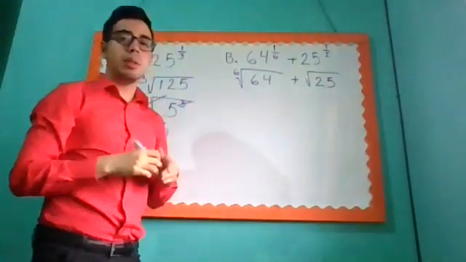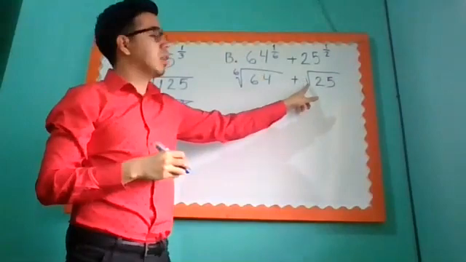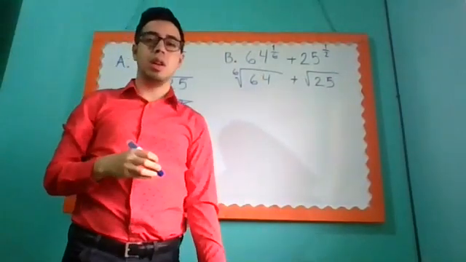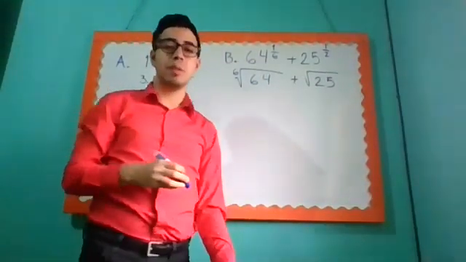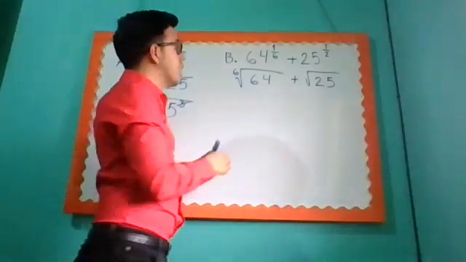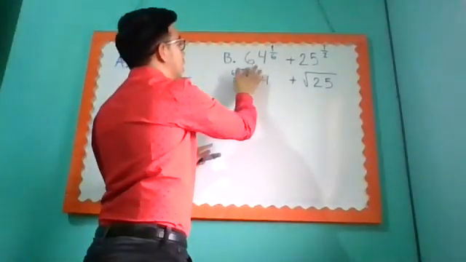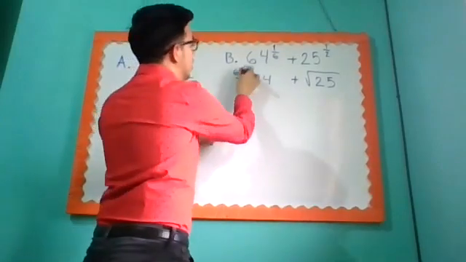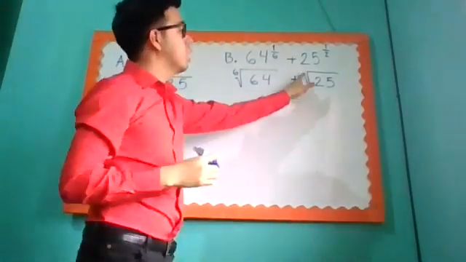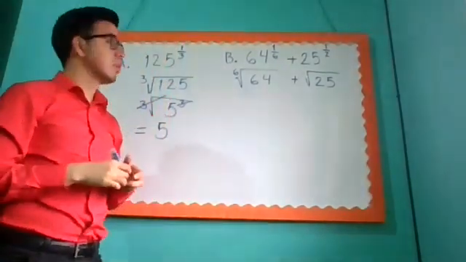Remember that when it's only the square root, I don't need to write the index. We only write the root without any index, and we know that it is a square root.